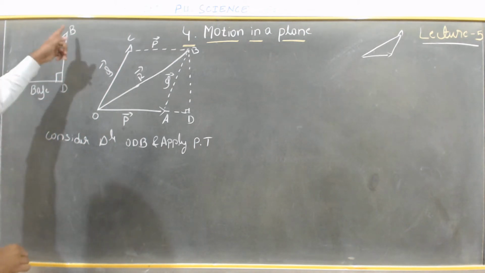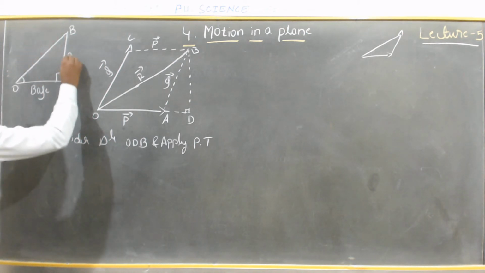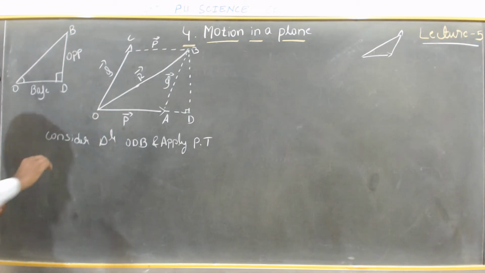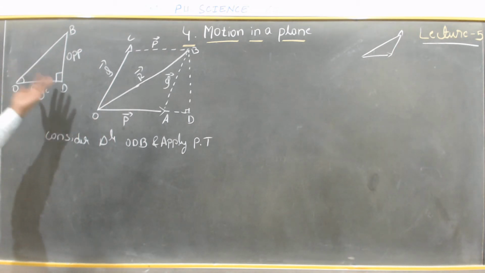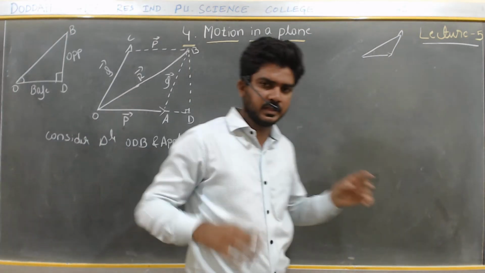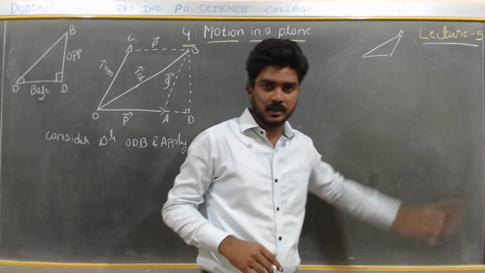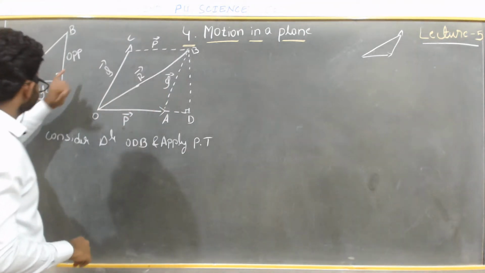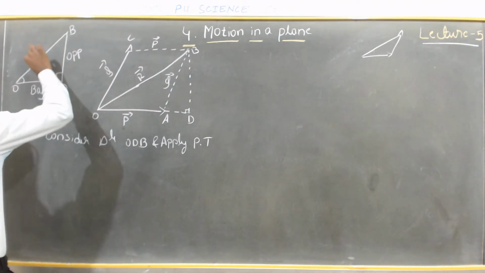This side is BD. This is the opposite. You might have studied this in mathematics, you know very well. Even though you know, we will remind all the things which will come in mathematics. Base, adjacent, and this is the hypotenuse.